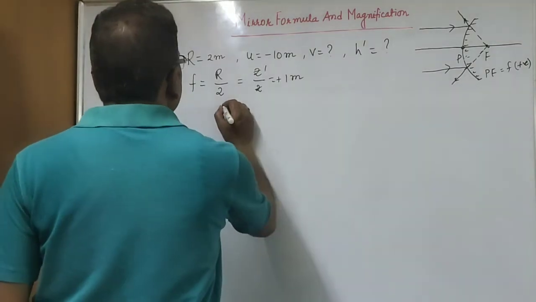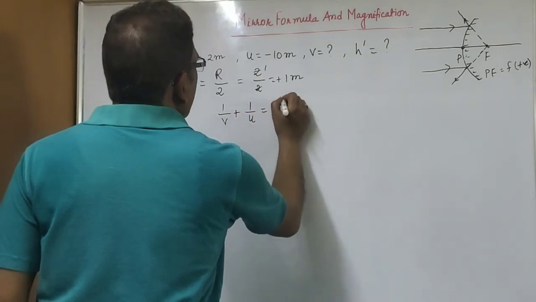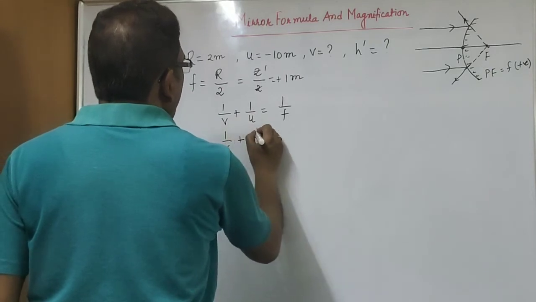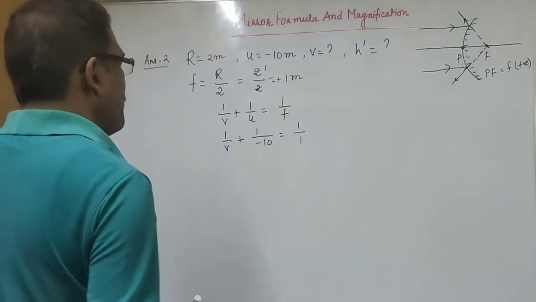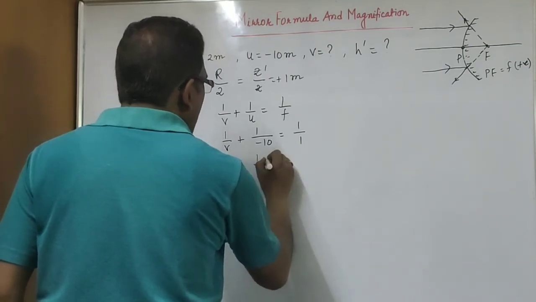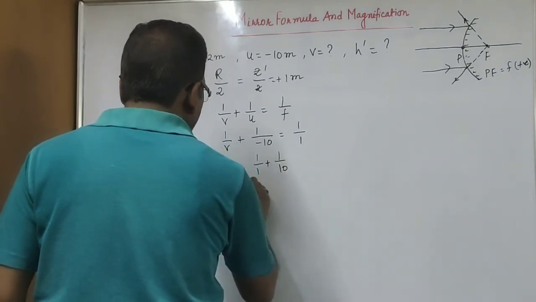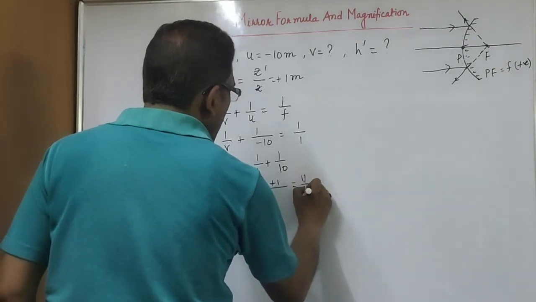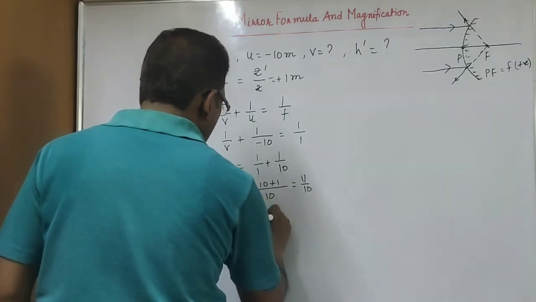Now we will use mirror formula to calculate the position of image. So write the mirror formula. It will be 1 by v plus 1 by minus 10 is equal to 1 by 1. Now this can be written as 1 by v is equal to 1 by 1 plus 1 by 10, or 1 by v is equal to 11 by 10, or v is equal to 10 by 11.